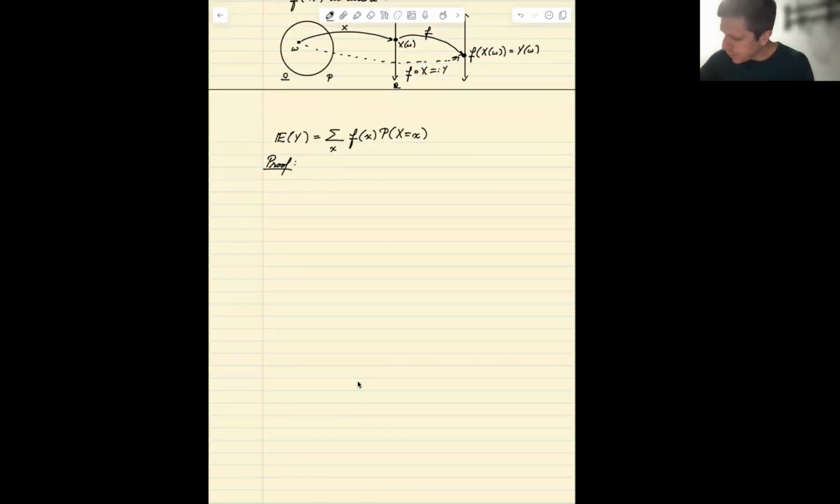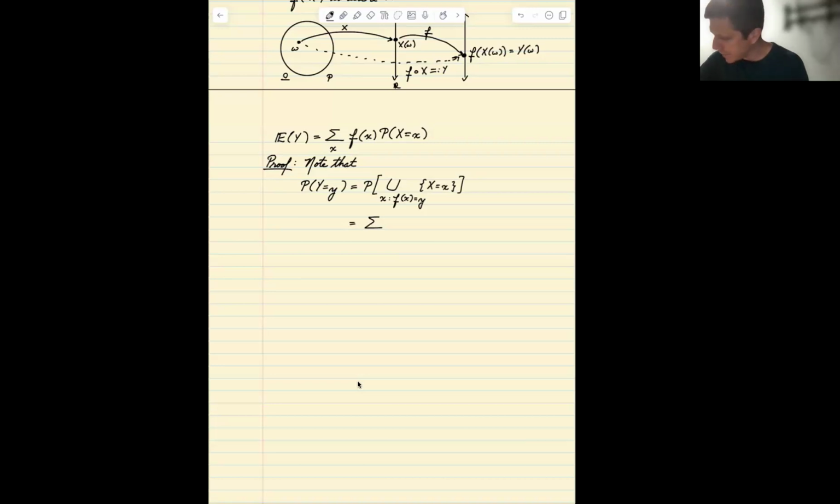And to prove this, we note that the probability that y takes a particular value, well, this can be written as the union over all x values that map to y under f. And that's a disjoint set.